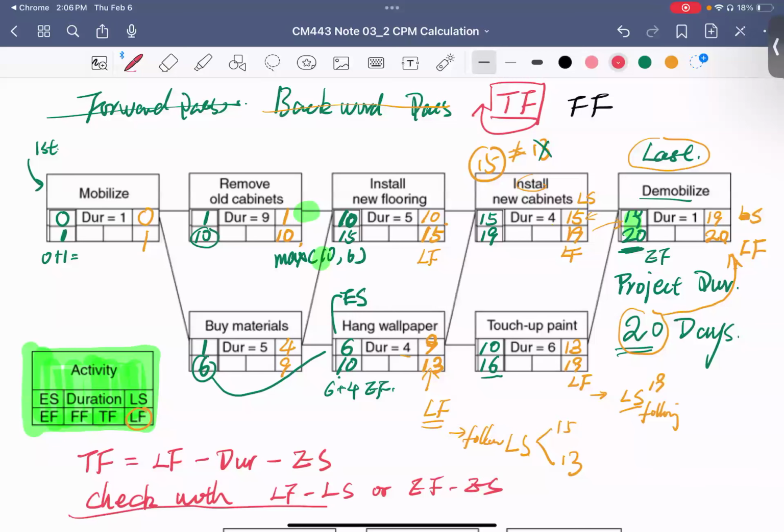Those are for checking only, and this is your equation for the calculation. So we use late finish minus the duration minus early start. Still within this box, so 1 minus 1 minus 0, you get 0.